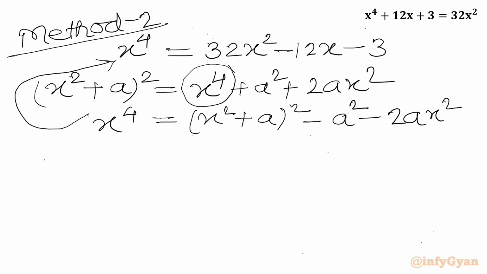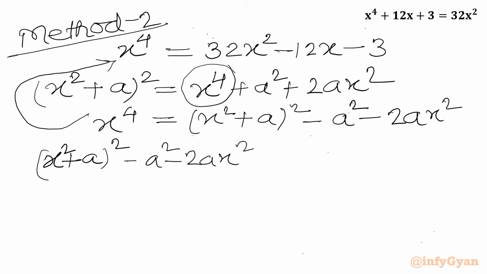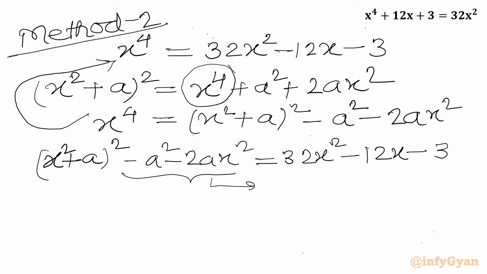So (x^2 + a)^2 - a^2 - 2ax^2 = 32x^2 - 12x - 3. Now I will take these two terms to the RHS.